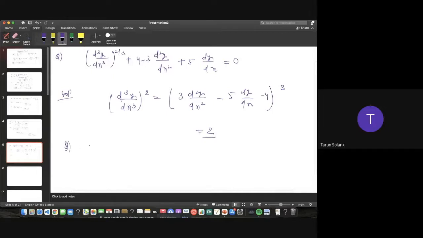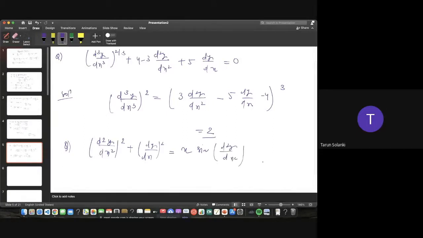Like one more, if the degree they are asking for is d²y/dx² + (dy/dx)² = x sin(d²y/dx²).